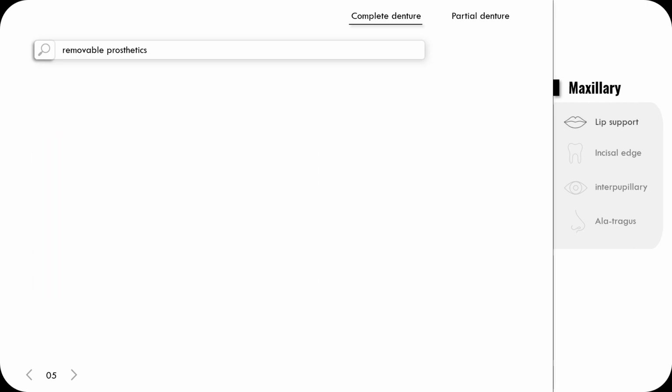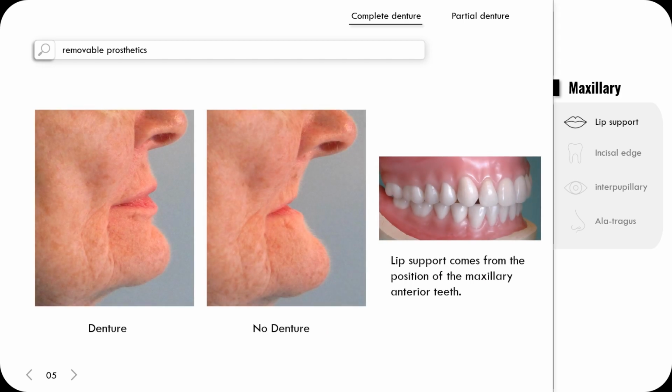When teeth are taken out, the patient's lip support gets diminished, meaning because of the bone resorption and remodeling that happens after tooth extraction, the upper jaw looks sunken in. So part of the support that the lip gets is actually from the position of our maxillary anterior teeth.